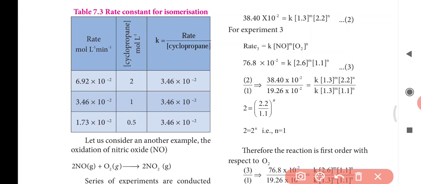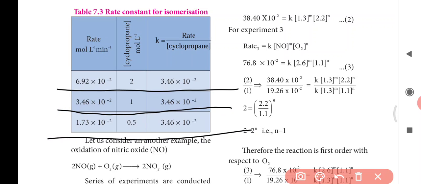This is the first reaction, the second one and the third one. Let's understand how to find the rate constant or order of the reaction. By taking these three reactions for various rates, we should find out the order of the reaction.